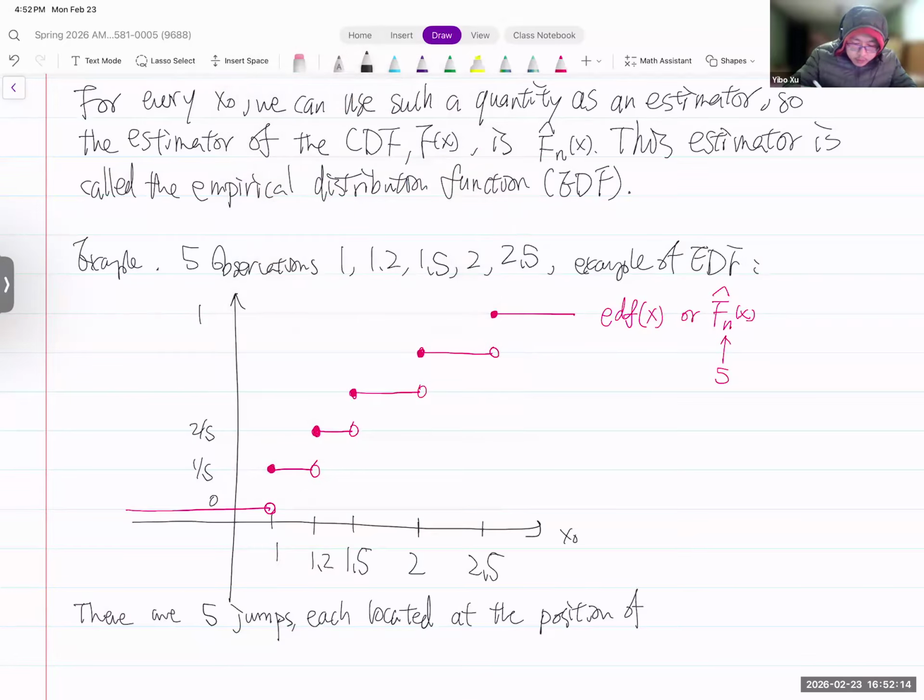Of course, if there are repetitions, you would have something a little different.